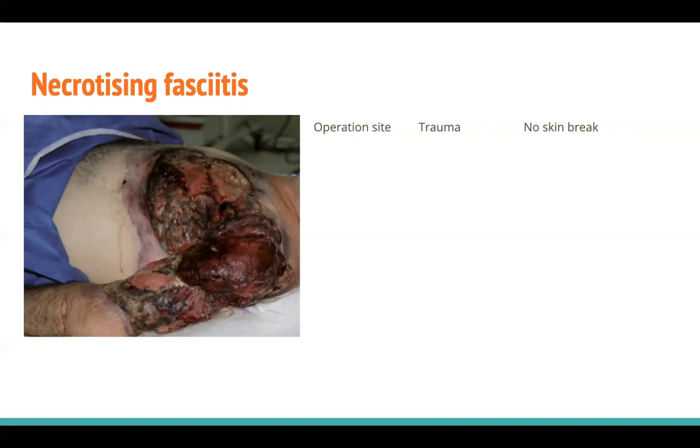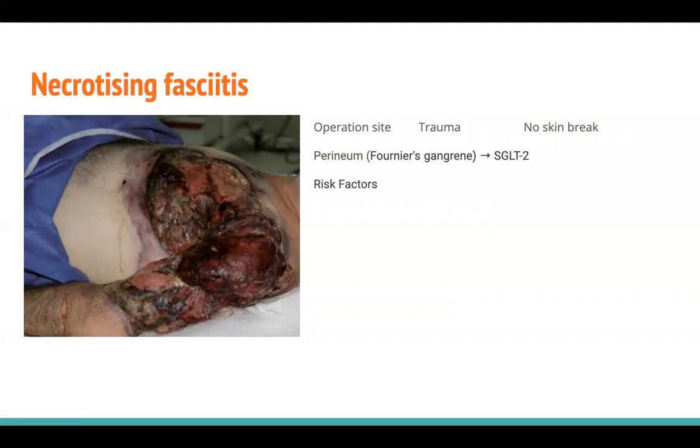Less common, but more of a specific bug rather than a group. The most common site is the perineum. So you may have heard of Fournier's gangrene. This is very common in patients who have SGLT2 inhibitors prescribed. So in diabetics, they essentially lose the glucose from the blood through the urine, which creates a nice substrate, if you like, for bacteria to grow from.